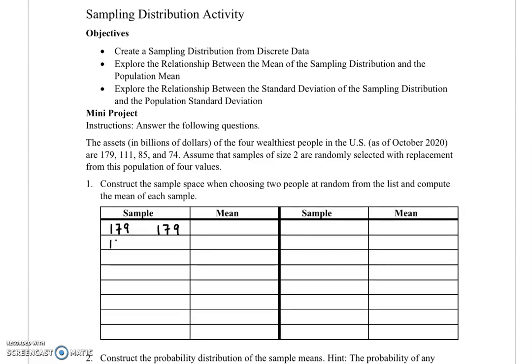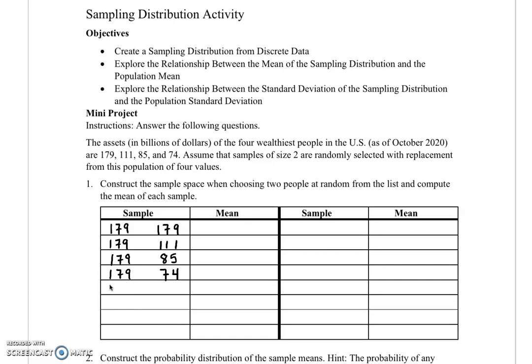So we could have 179 for the first and 111 for the second. We could have 179, 85, and we could have 179, 74. That is all of the possibilities if we pick 179 as the first person.